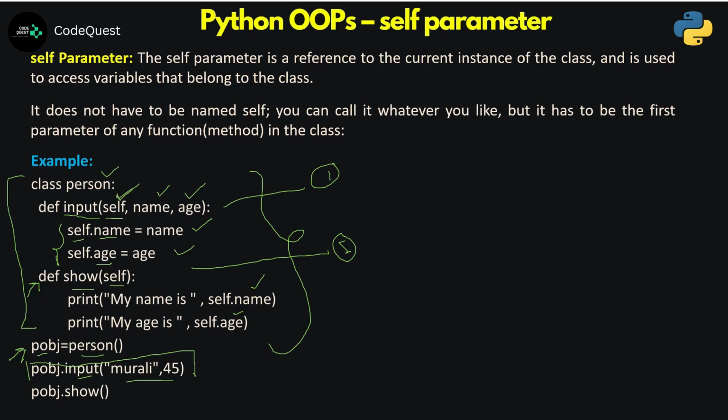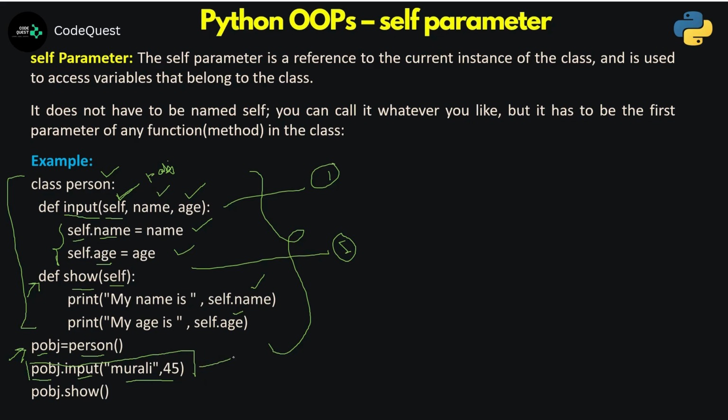Now self will consider the object through which this method is called, because I'm calling the input method with the help of an object called pobj. So this self is going to be replaced with your pobj through which we have called it. Wherever self is there, it is going to be replaced by pobj. So what is pobj? It is nothing but the current object, the current instance through which this input method has been called.